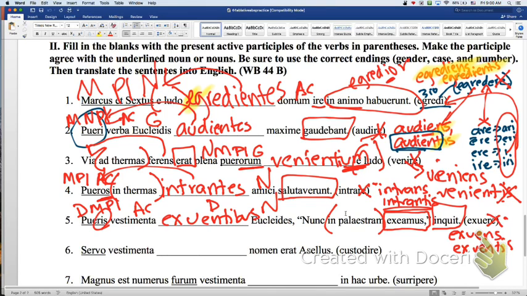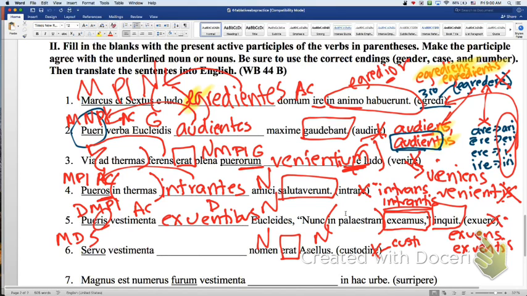Okay, number 6. What's my subject of number 6? Acellus. So we got Acellus was the name. Just like you say, my name is, you would say mihi nomen est, the name for me is. So servo is going to be in the dative, masculine, dative, singular. Then I have to make my participle.